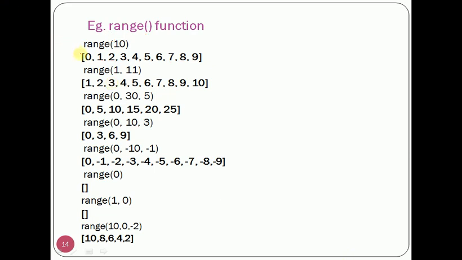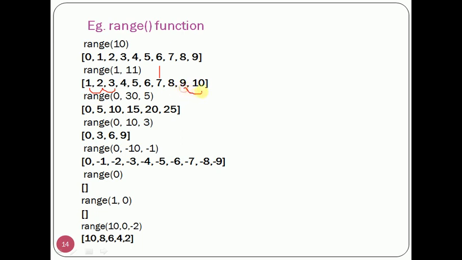Now let's look at the second case, range 1, 11. There the start value and terminating value are given, but the step value is missing. So the step value is 1 by default, start value is 1. So it starts from 1, then it becomes 2, then it becomes 3, like that it will continue till it reaches a number less than 11.